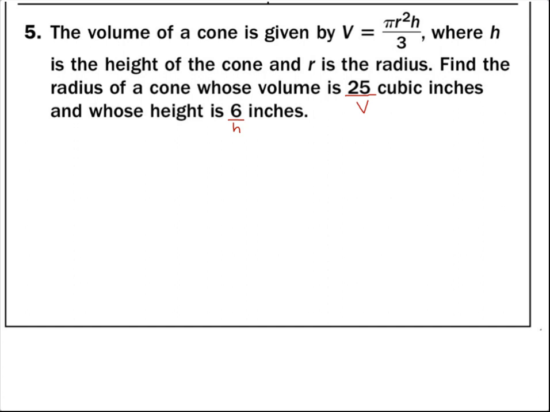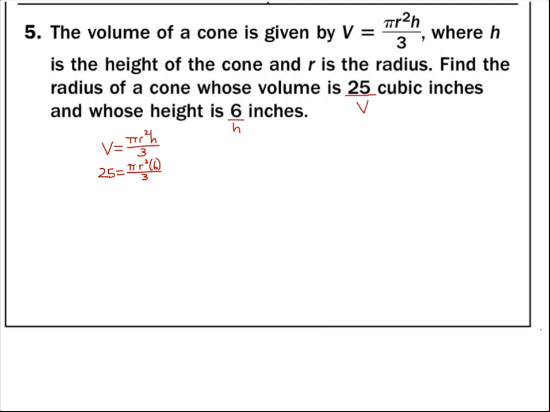But anyway, if we write the formula, V equals pi r squared h over 3, that's just kind of the formula. And then if we substitute in our numbers, we get 25 equals pi, don't know r, so pi r squared, h is 6 over 3.